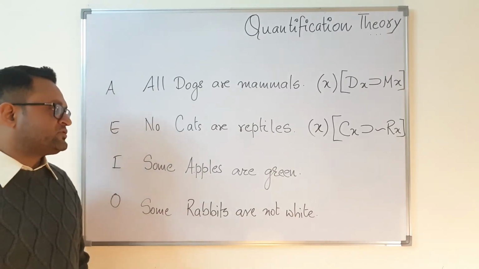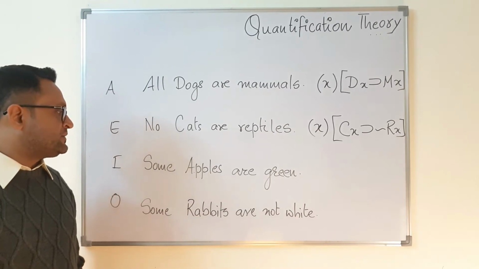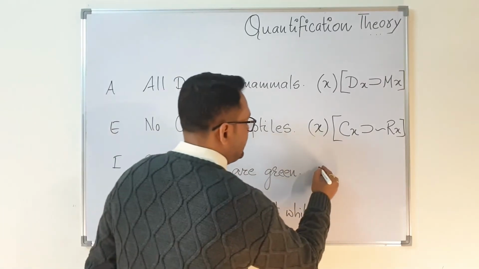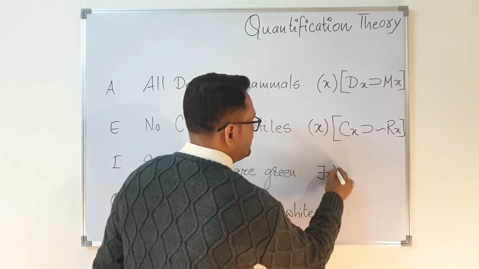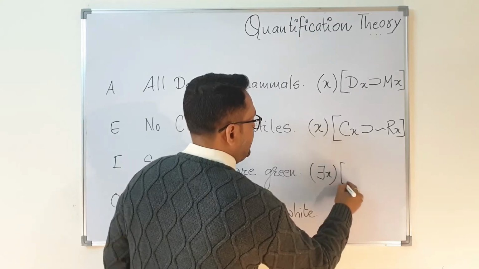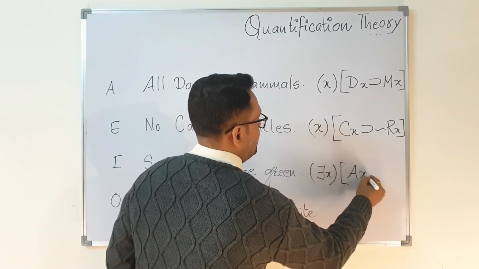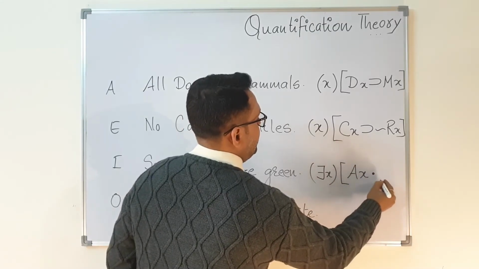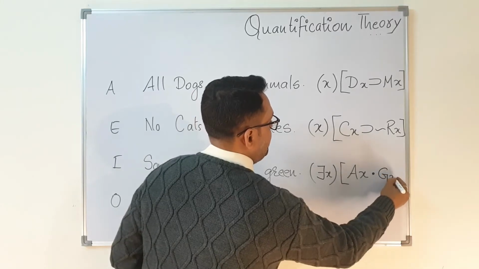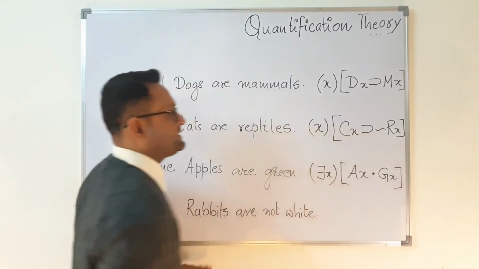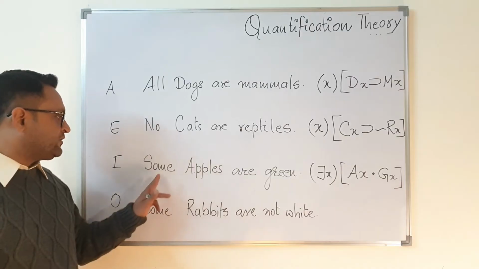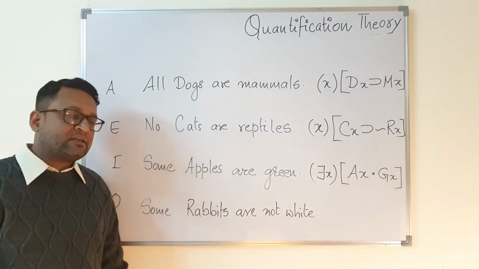If you take an I proposition like some apples are green, the symbolization is that there exists X such that X is an apple and X is green. So this is the symbolization for an I kind of proposition which says some apples are green.